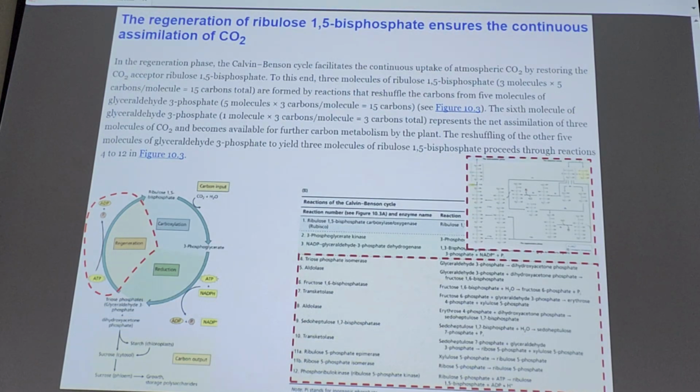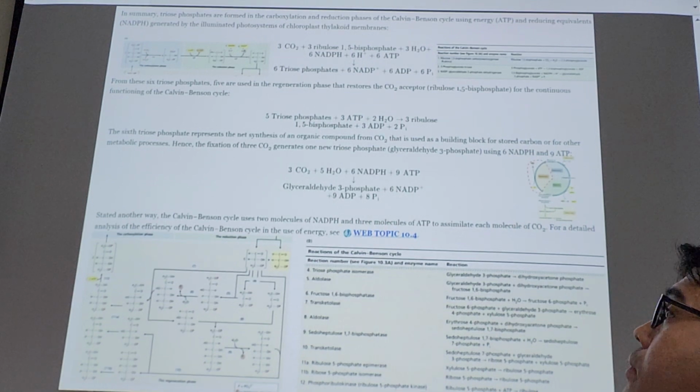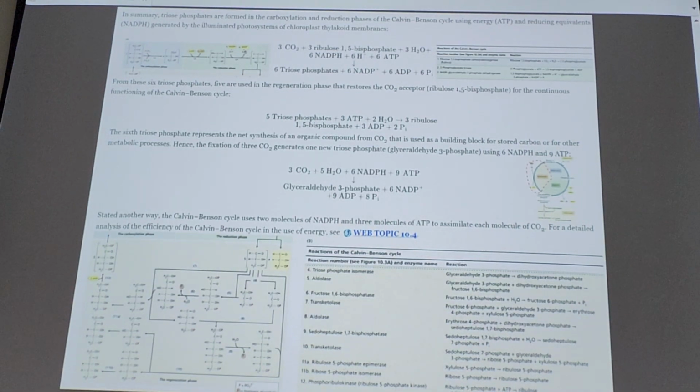Sometimes I forget this as well because my brain, when it comes to numbers, just refuses to remember. 1 CO2, it will need 2 NADPH plus 3 ATP. Is it written in there somewhere? I think it's written there somewhere. Oh, yeah, I put it here in the summary.